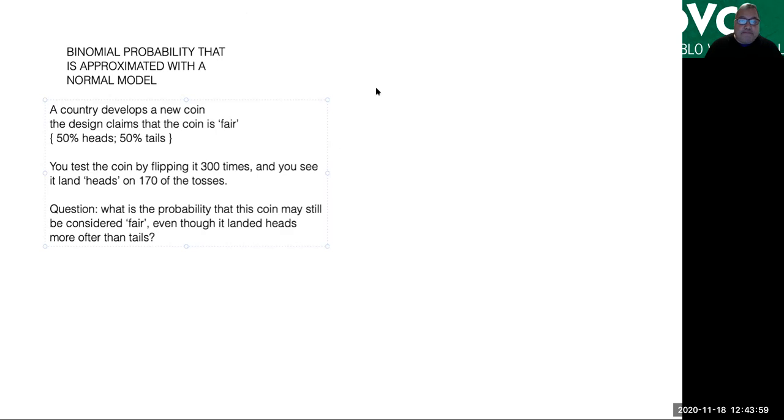So step one is set up the binomial story or the binomial model, based on the theoreticals. In this case, N is 300, P is supposed to be 50%, and Q is supposed to be 50%.